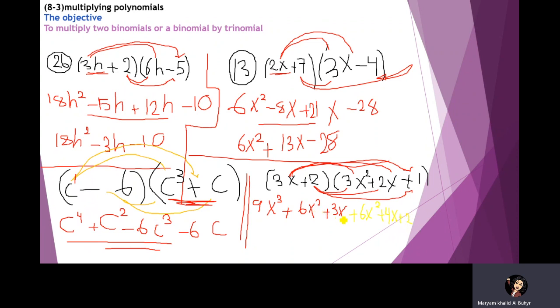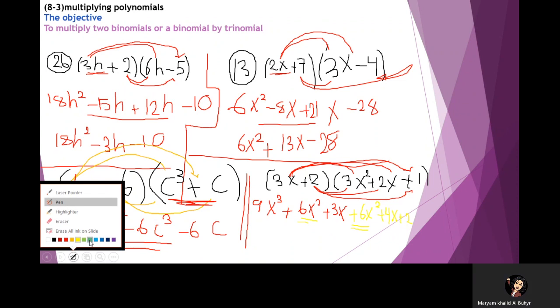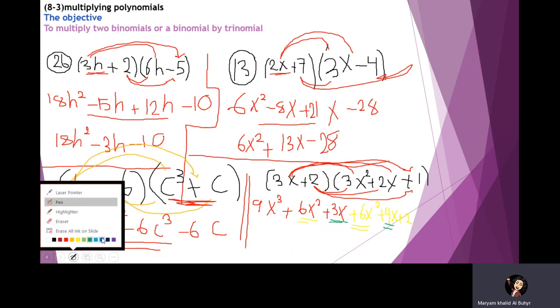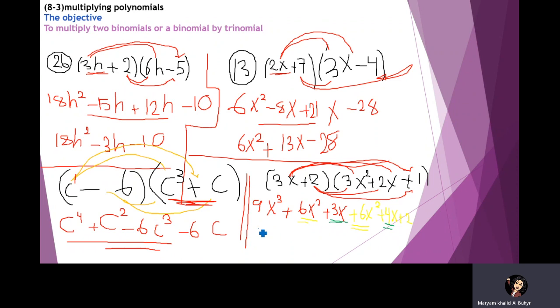See if you can have like terms. I have this one and this one, they are like terms. I also have this one and this one, they are also like terms. Let's do that. So let me drop the others. So I have 9x to the power 3. I have at the end plus 2. I cannot do anything with it.